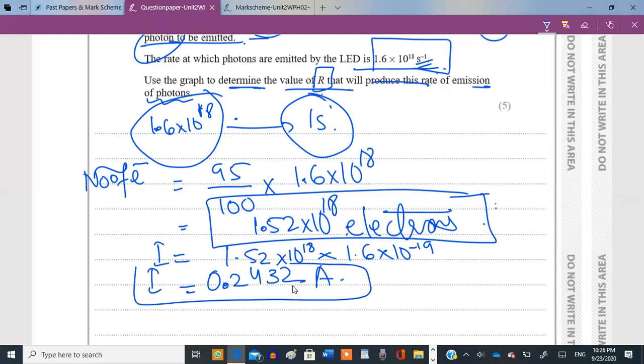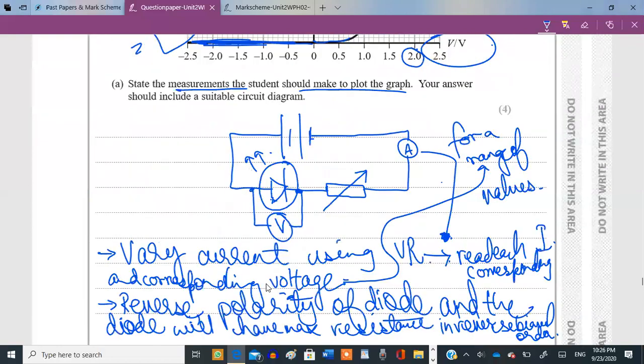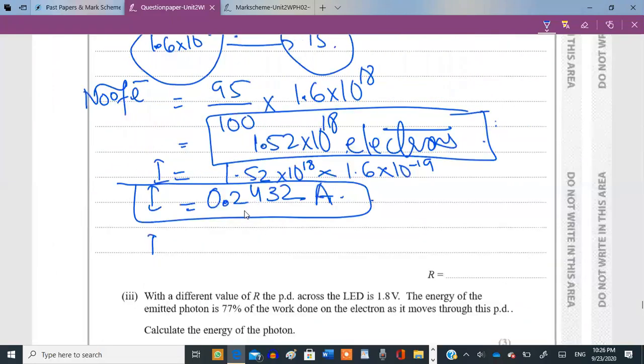Now you have the current flowing through the circuit, 0.2432 amperes. Now to compare this with the graph that's given to you, it's given in milliamperes. So can we convert this into milliamperes? Definitely we can. Current in milliamperes is just multiplied by 1000. So it's going to be 243 milliamperes.